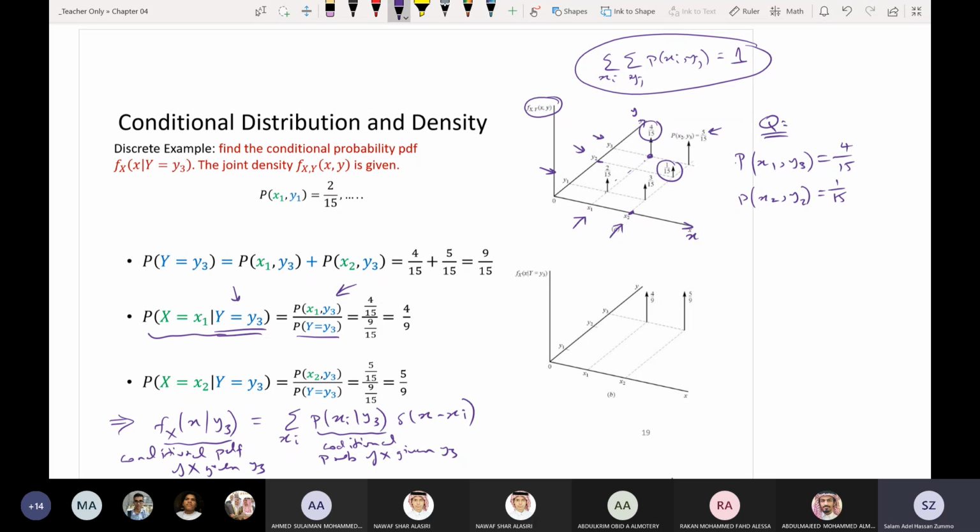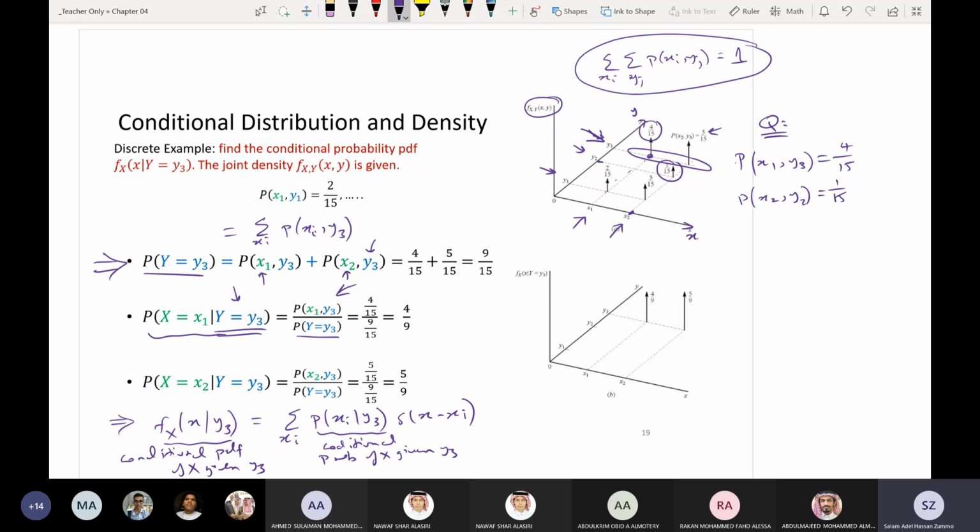So in order to find the marginal, simply I need to sum. To find the marginal, this is simply the summation over all xi of the probability of xi, y3, if you remember. I sum over all the values that x can take while y equals y3, which is x1 and x2.